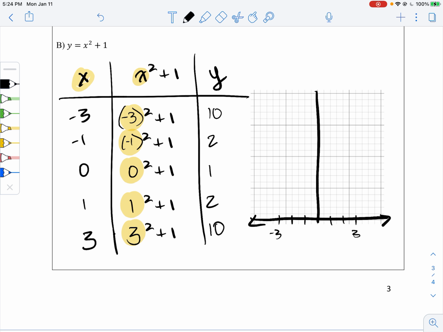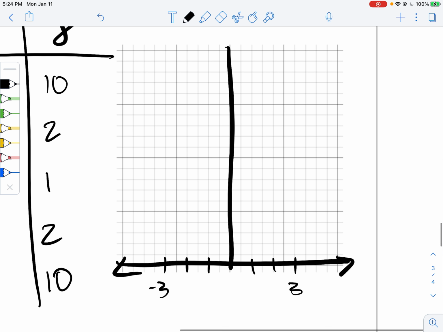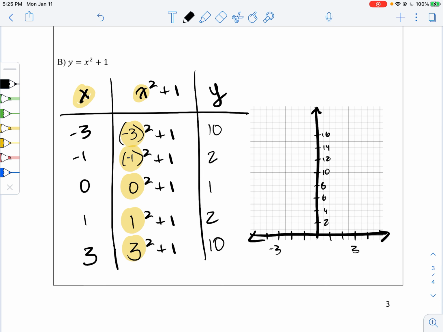I guess I'll just make these 2. So 1, 2, 3, 4, 5. No, I want to make them go higher: 2, 4, 6, 8, 10, 12, 14, 16. Why? Because I know this graph. I've done it before.